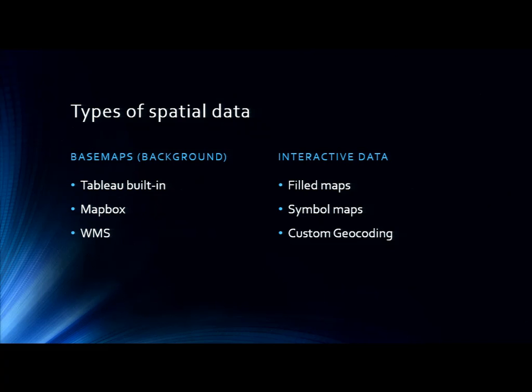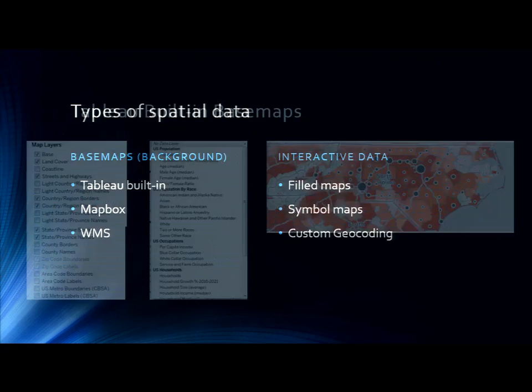And you can also connect to a WMS server. You can also map interactive data, or the data that you pull in from any of your data sources. You can create filled maps, and these are based on any kind of geographies, like counties or zip codes. You can also create symbol maps, and there are some custom geocoding options, and I'll explain about these right now.